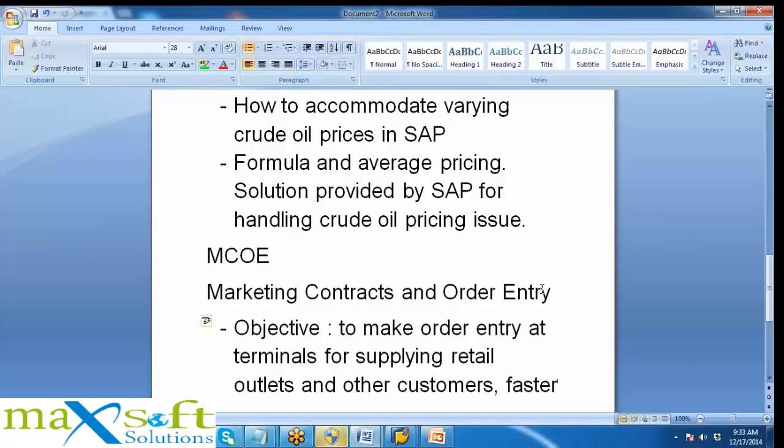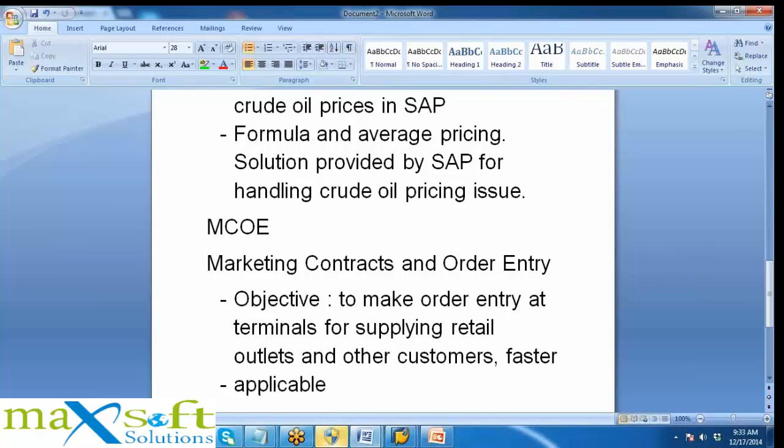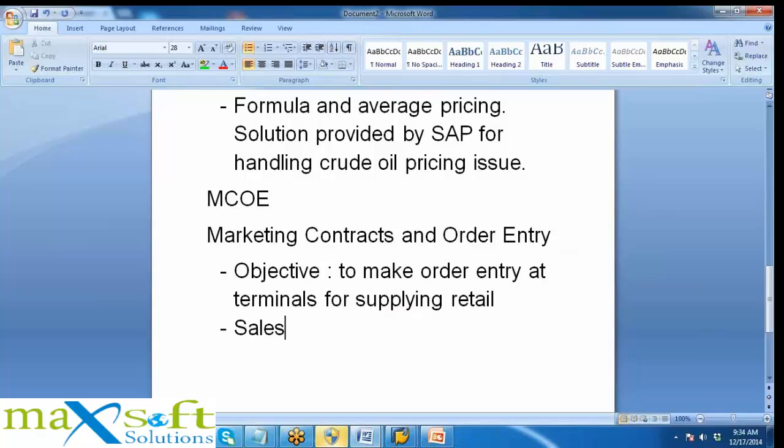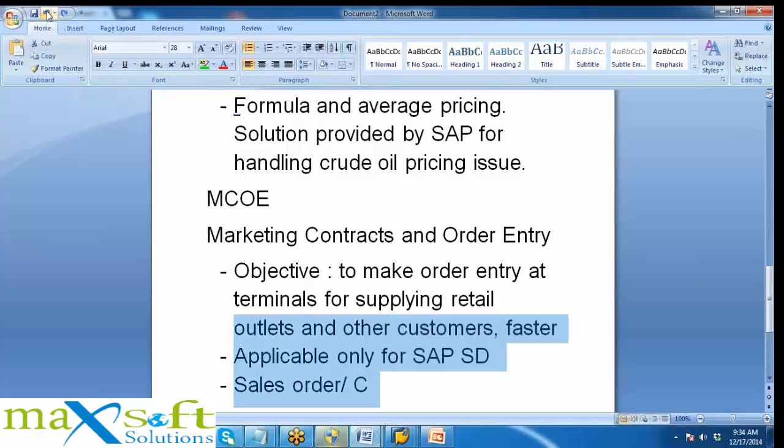This model is applicable at terminal level, and it is integrated only with SAP SD, at sales order level, sales order contract. Okay, this is the objective of the MCOE module.